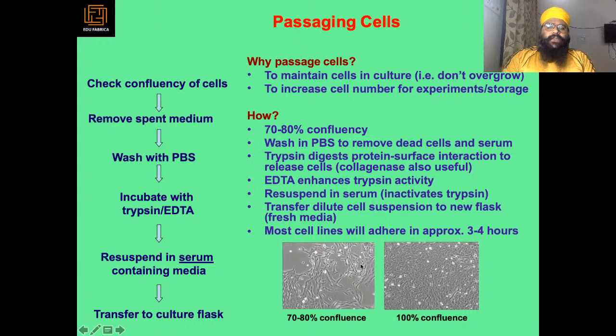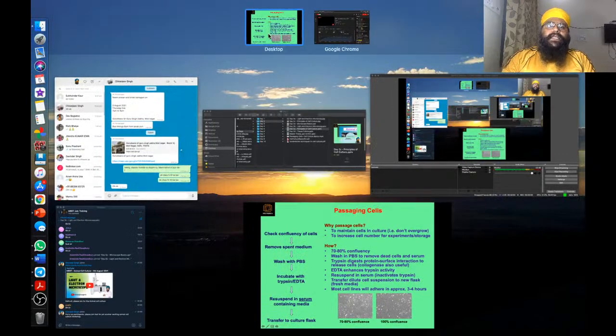You should passage your cells at 70 to 80%, because at 100% there are so many cells that the biochemical pathways are not good enough to work with. Then you remove the media, wash with PBS, incubate with trypsin to detach the cell line from the bottom, resuspend again in media, and then transfer to the culture flask. So let's check how this passaging is done.